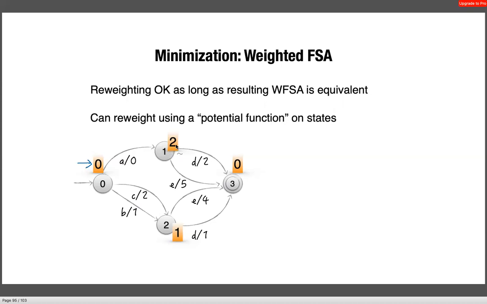So from here, the shortest path has a weight of 2. That's the weight assigned to 1. From state 2, the shortest path has a weight of 1. So that's the potential function associated with 2. And from state 3, of course, it's just 0.